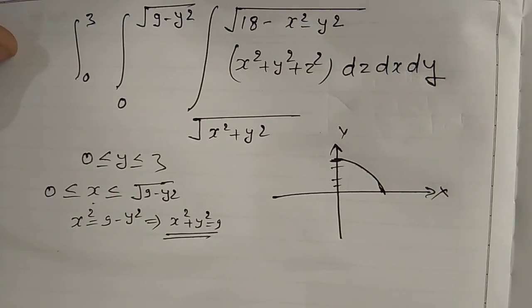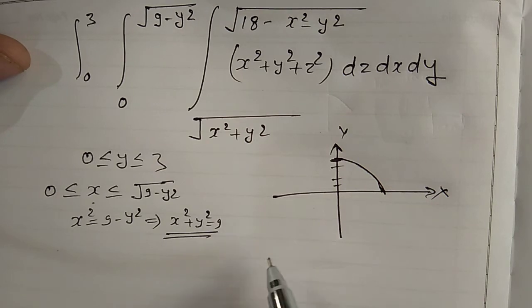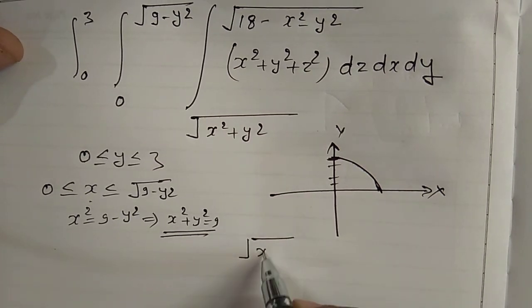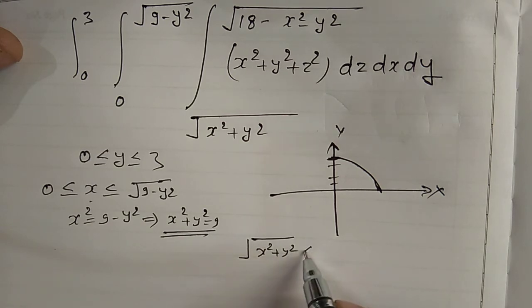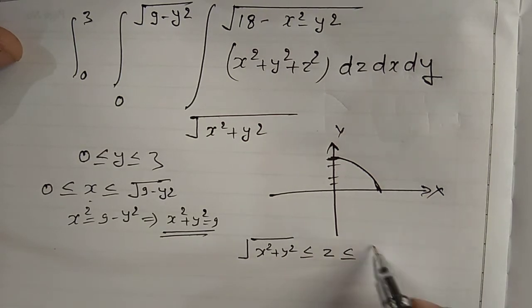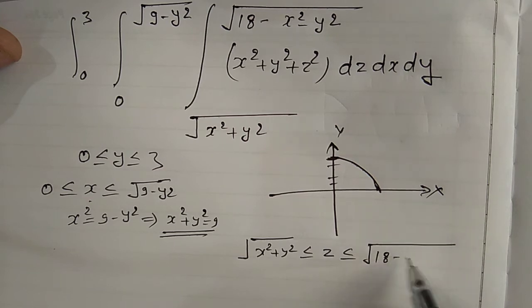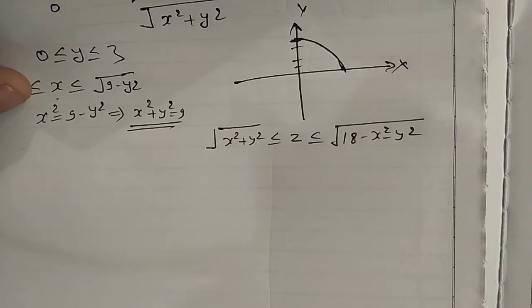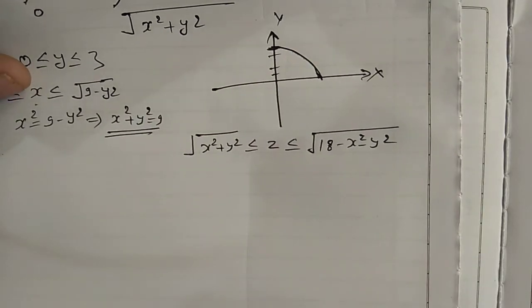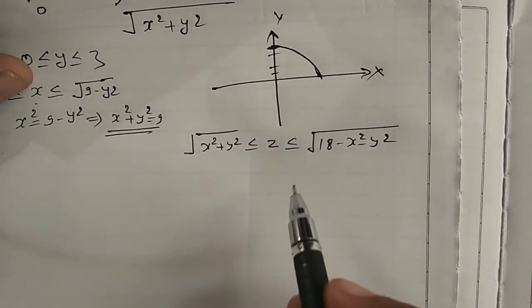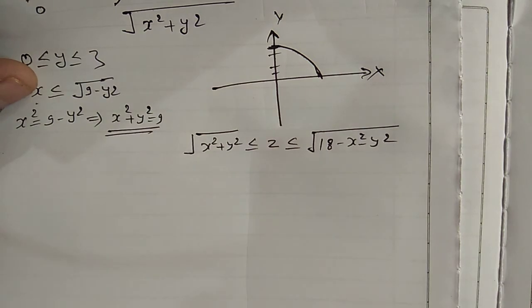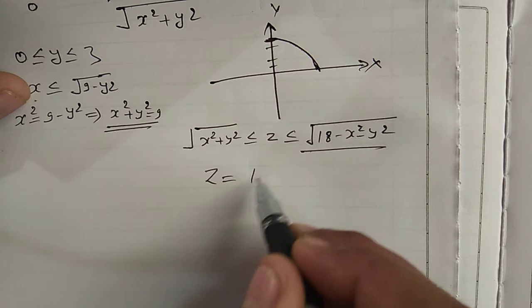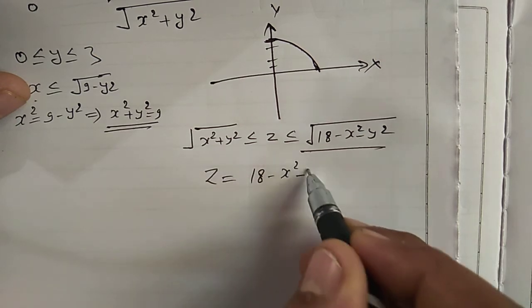Now the third limit, z. We have x square plus y square less than or equal to z less than or equal to under root 18 minus x square minus y square. So this upper limit will be z equal to under root 18 minus x square minus y square.